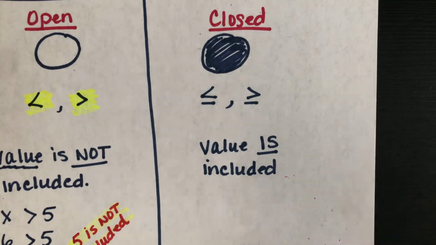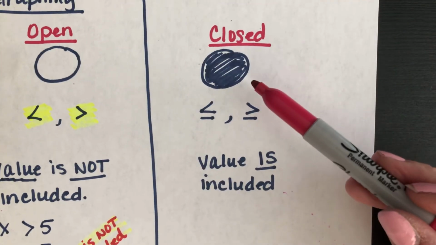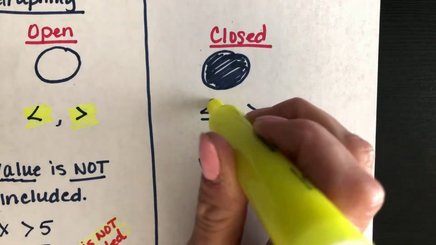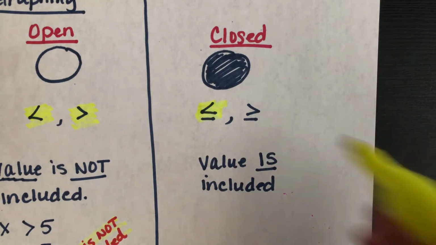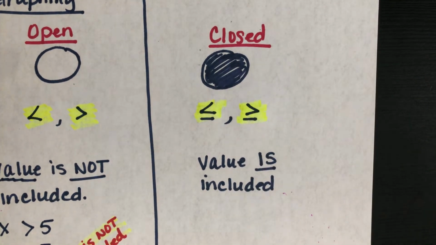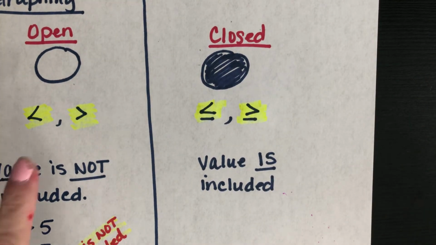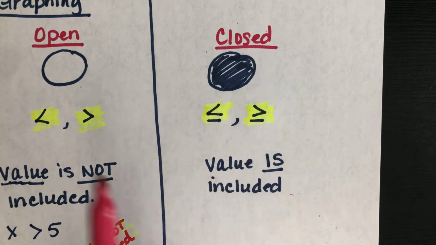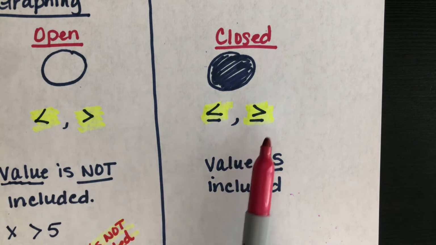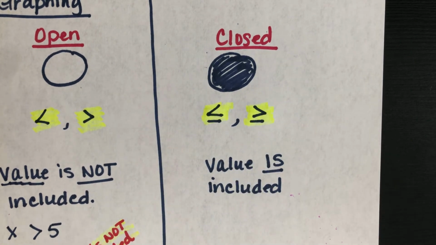So we also have our closed circle. And you will notice here we have the inequality symbols less than or equal to, greater than or equal to. You will notice the difference between the open and the closed circles. Open does not have the equal to symbols, where the closed does.